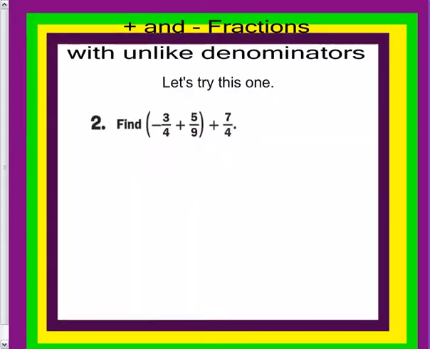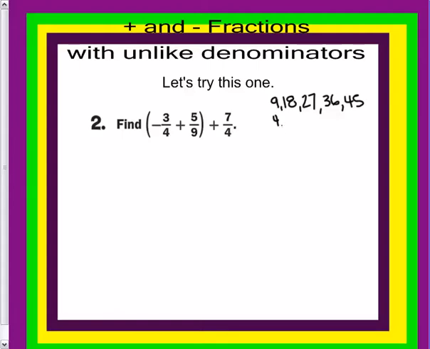All right, what if we have more than one? We know that we still have to find common denominators. So 9 and 4: for 9, we can make this 18, 27, if we keep going we're at 36, and then one more would be 45.